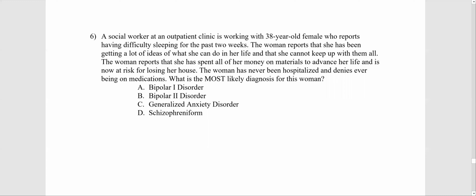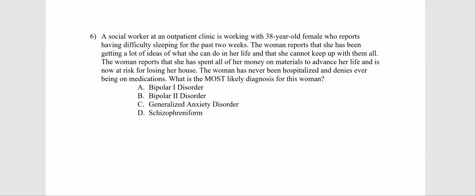Question 6. A social worker at an outpatient clinic is working with a 38-year-old female who reports having difficulty sleeping for the past 2 weeks. The woman reports that she has been getting a lot of ideas of what she can do in her life and that she cannot keep up with them all. The woman reports that she has spent all of her money on materials to advance her life and is now at risk for losing her house.